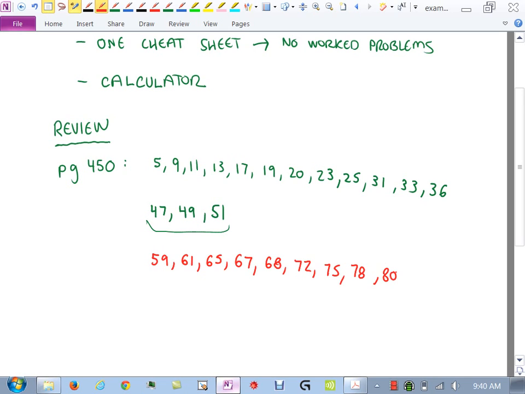Then keep going, hold on. Yeah, we're actually moved on to the other page. It all starts on page 450 though. 81, 83, 85. I know this looks like an insurmountable amount of problems, but we'll talk about it. Let me just finish writing them down. 93, 97. Yep, there goes your weekend.